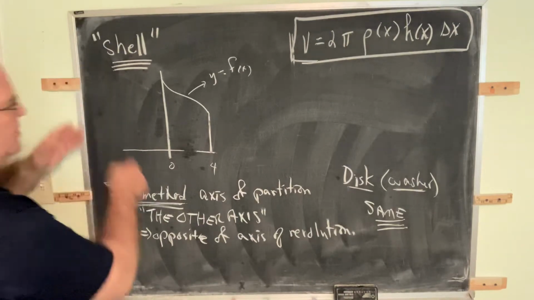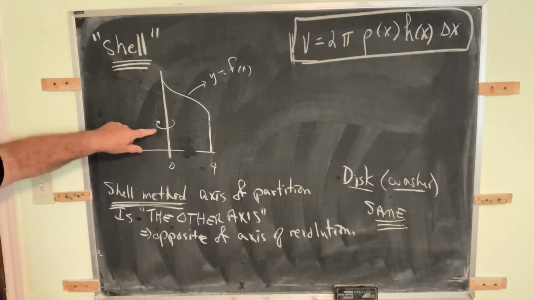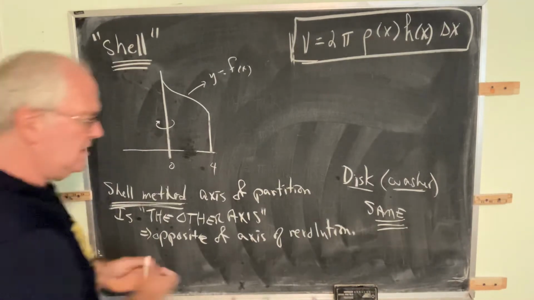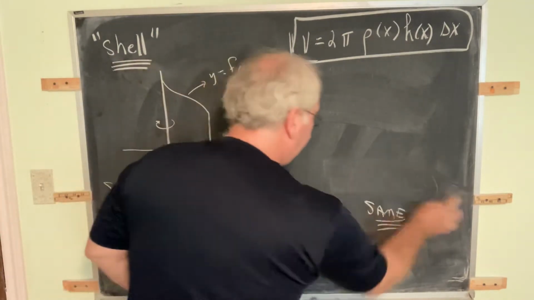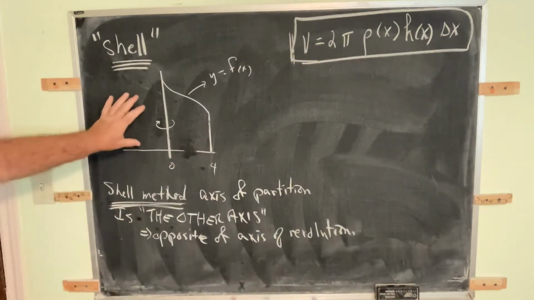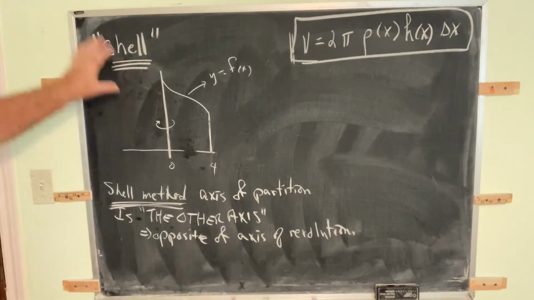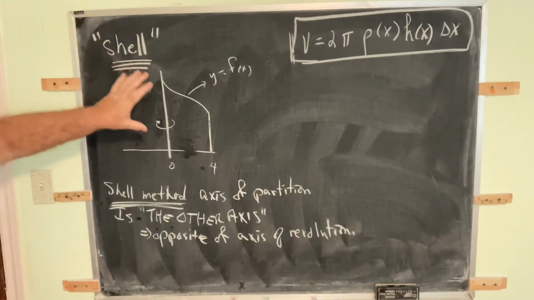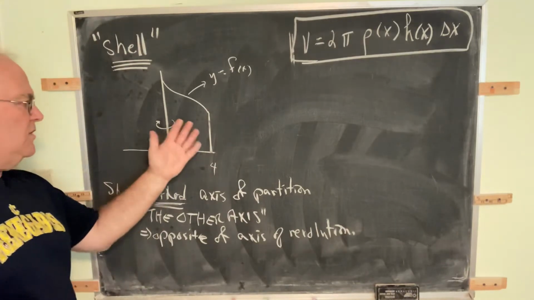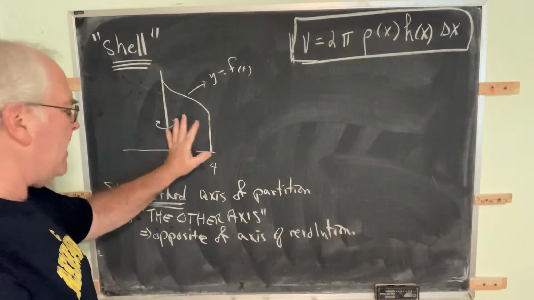So what we're going to do is, suppose we're going to revolve this about the y-axis, and suppose we're going to use the shell method. For now, why that's advantageous, we'll kick that can down the road. But for now, let's assume we're going to use the shell method to find the volume of the solid of revolution formed by rotating this region about the y-axis.